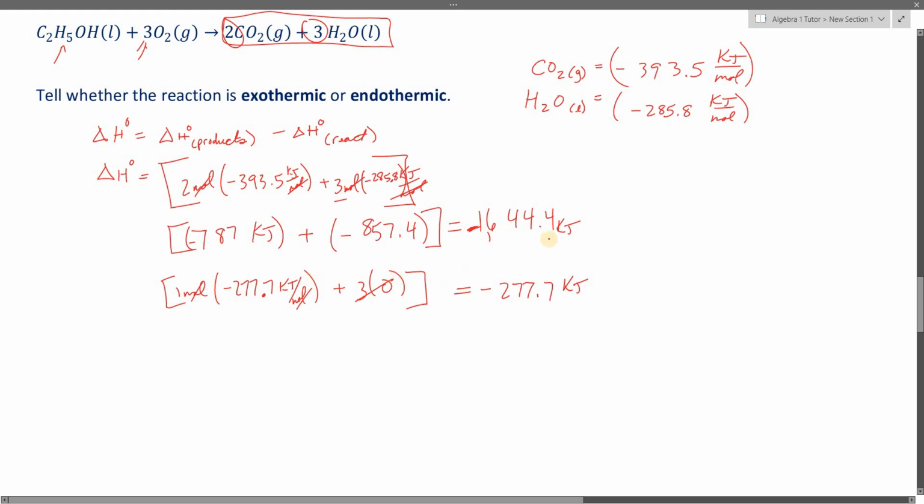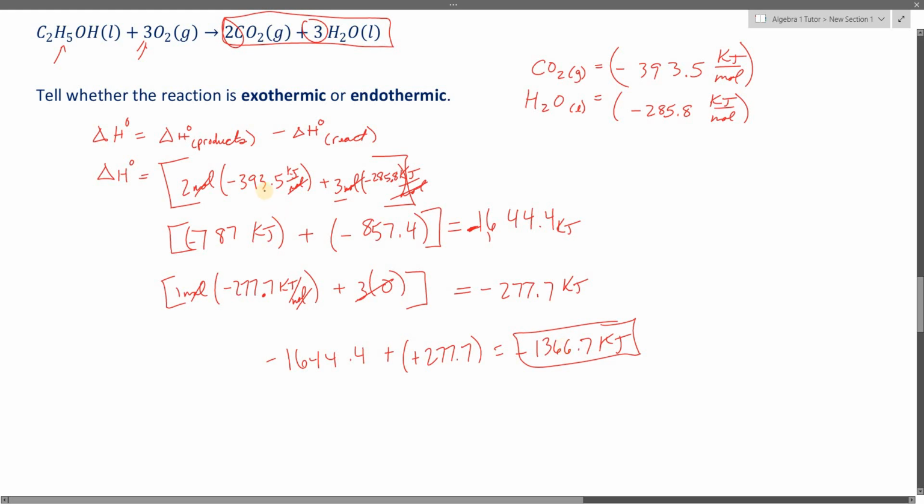Whenever I subtract them, my problem looks like this: negative 1644.4 minus negative 277.7. When I do this, I change the sign of the subtrahend and add. This will give me a final answer of negative 1366.7 kilojoules, and that is the answer in terms of enthalpy of formation.